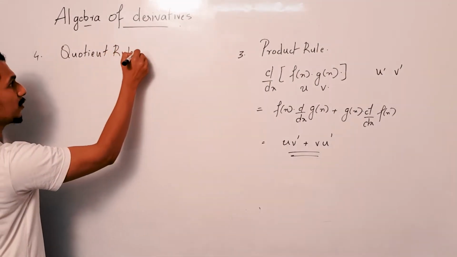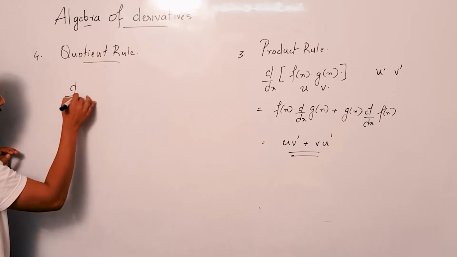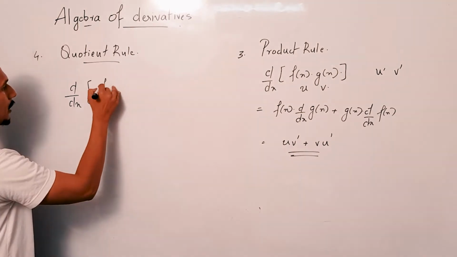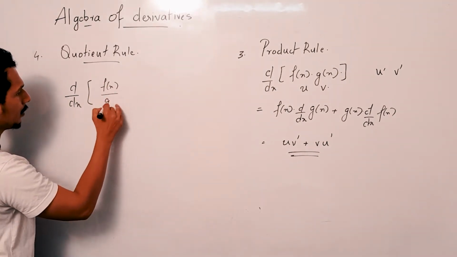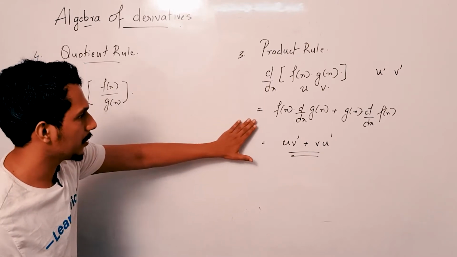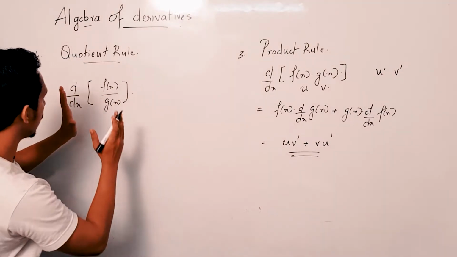Quotient rule, that is what to do when you have to find the derivative of a function in this form, that is f of x divided by g of x. So what to do when you are dealing with functions like this?